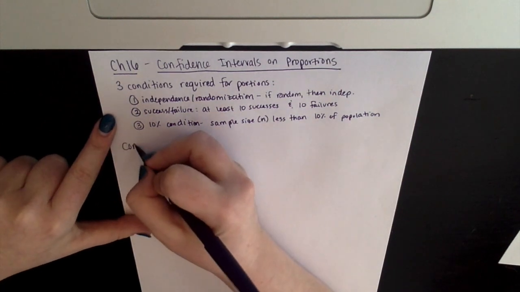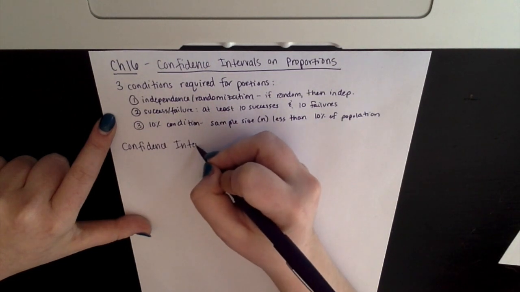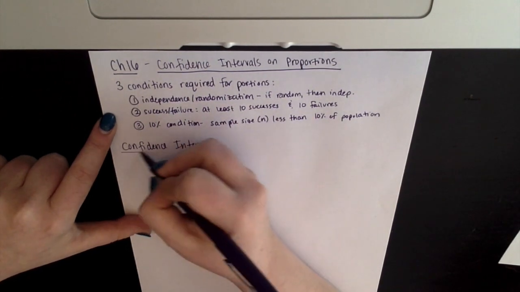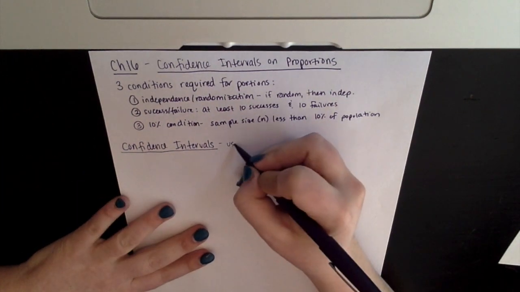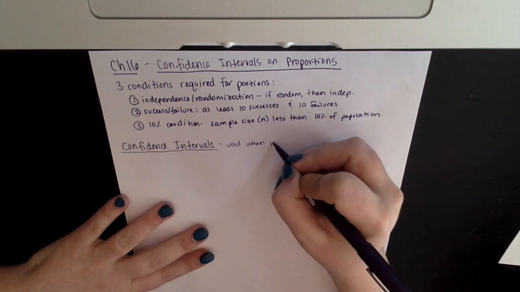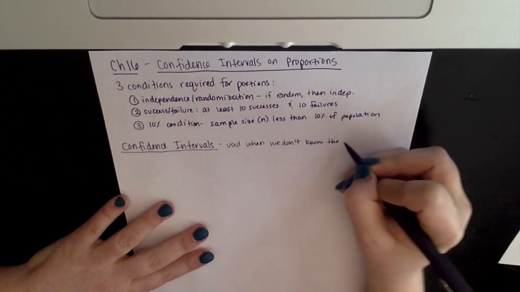Then we got into what a confidence interval actually is. Again, this isn't an introduction, this is just an overview. Remember that confidence intervals are used when we don't know the population proportion.